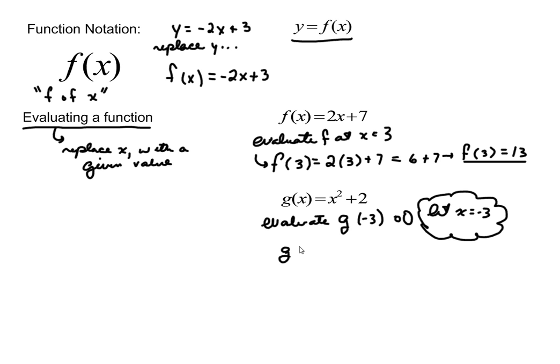Everywhere we see x, we replace it with negative 3. So we square the value negative 3 and add 2 to get the y value. Negative 3 squared is 9, plus 2. So g of negative 3 equals 11.